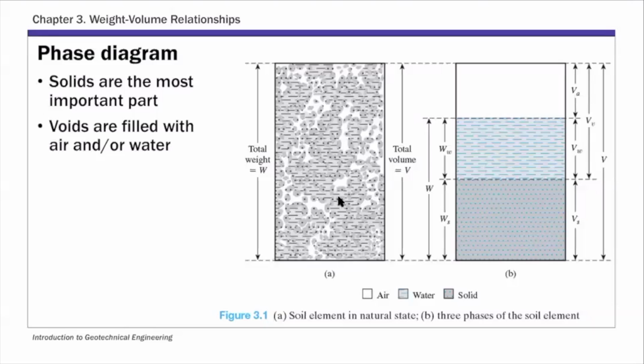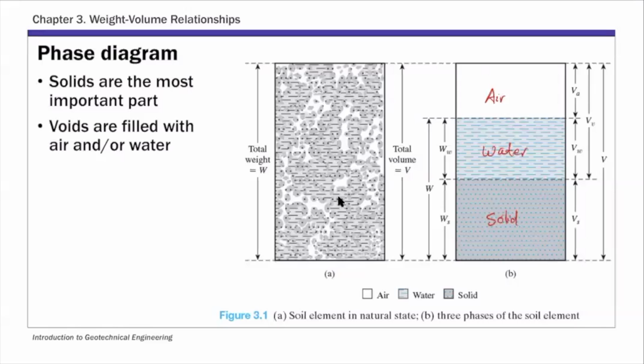If you look at this diagram, there are 3 different phases, the 3 phases we just mentioned: solid, water, and air. This phase diagram is an idealization of that natural soil. We put all solids into one phase, all water into one phase, and all air into one phase. And we use this to calculate their relative amounts.